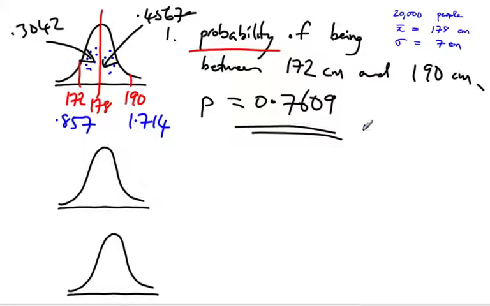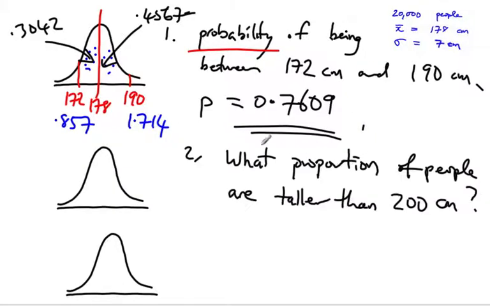Now, let's have a look at the second sort of question. What proportion of people? Now, notice, gentlemen, that I used proportion. Proportion and probability, I'll talk about the difference between these two.